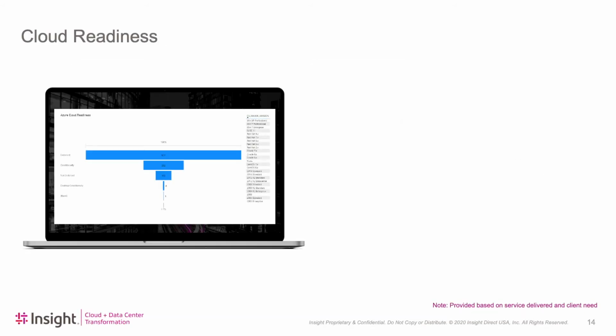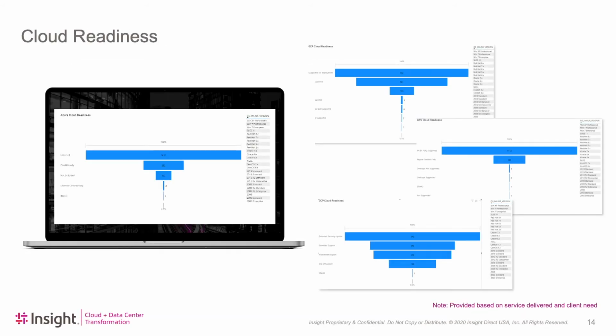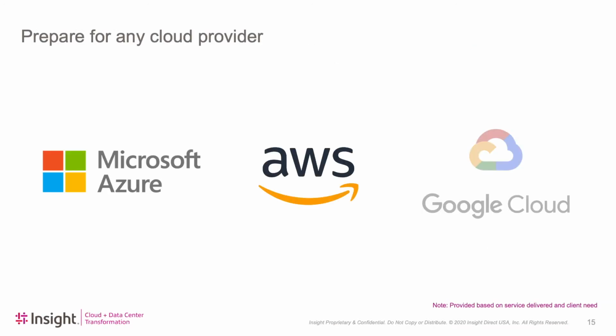Here we see outputs we can produce to determine readiness for a public cloud migration to Microsoft Azure, AWS, or Google Cloud Platform. These reports show OS readiness based on whether it's supported by the given cloud provider. Unsupported servers are sources of security risk.